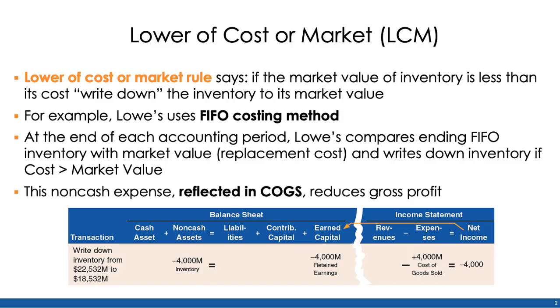It takes whichever is lower. If the lower of the two is the reported cost, it remains. But if the lower is actually market value, it marks it down. And it marks it down with a non-cash expense, a reduction in inventory, and a reduction in gross profit, and therefore in its net income.